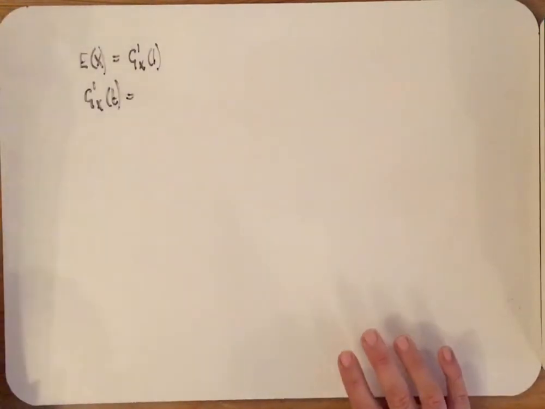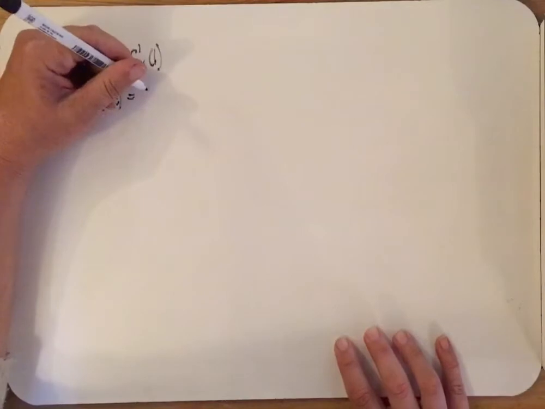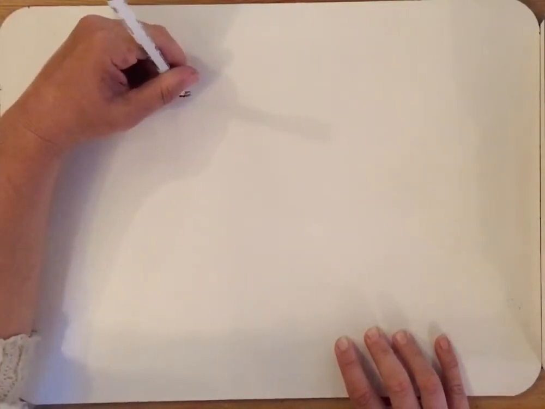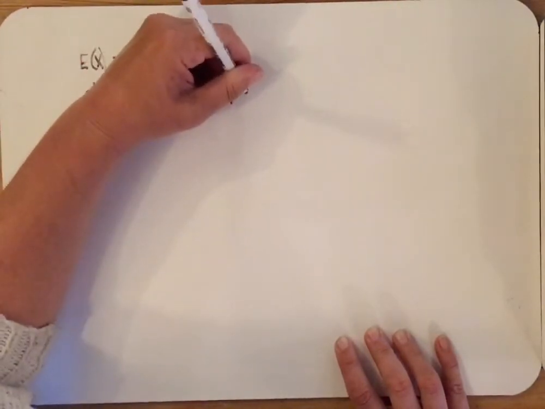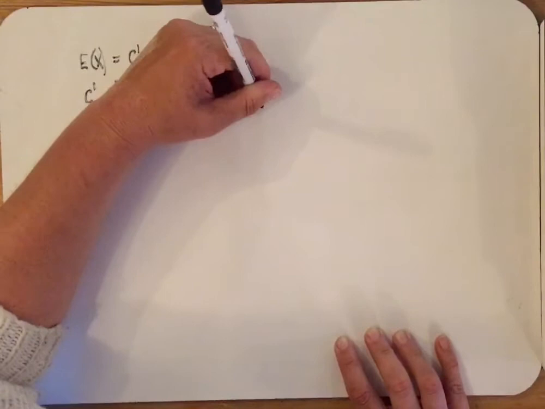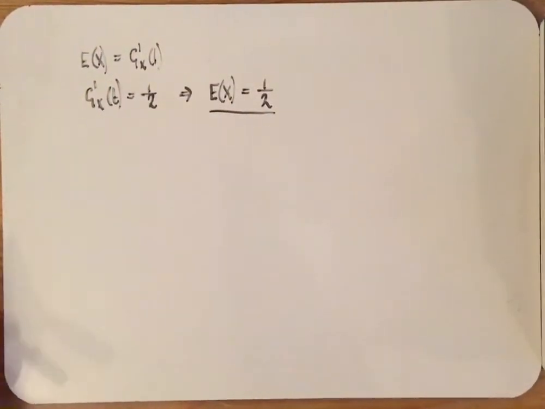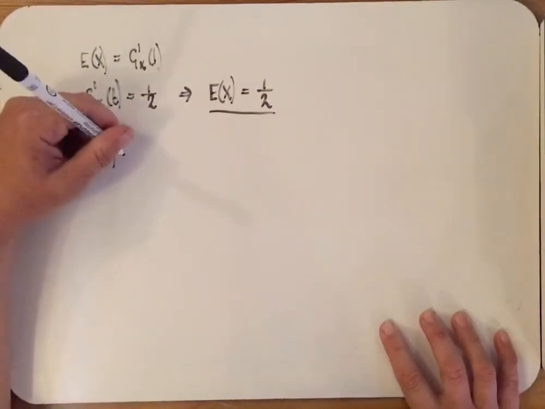And so differentiating that one, you just get a half. And so the expectation of x is equal to a half. So it's absolutely fine to have no t's in there. And then doing the same for y.